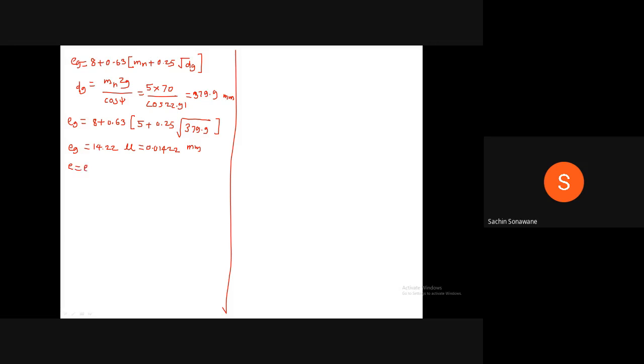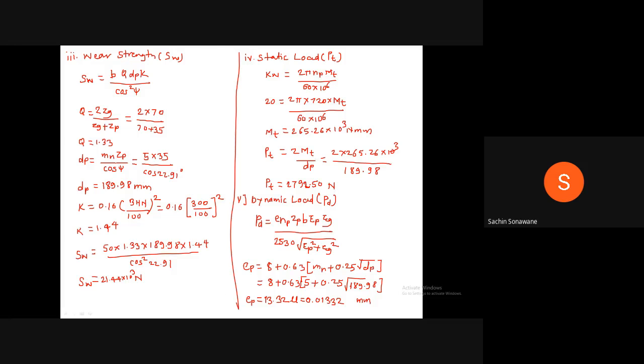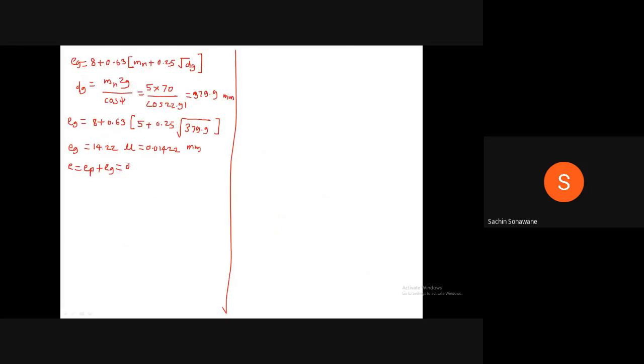E is equal to ep plus eg. What is ep? 0.01332 plus 0.01422. Error E is equal to 0.02754.